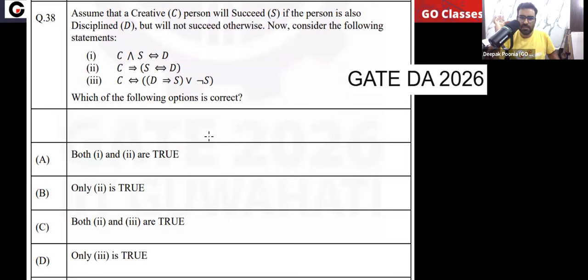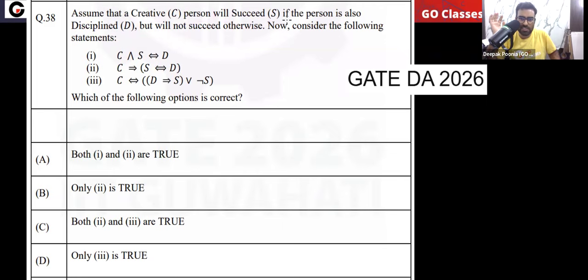Is this clear? Very important thing that you read this statement. This statement is making a claim for only creative people. This statement is not saying anything about the non creative people. The non creative people can do anything they want, they can be anything they want. But this statement is saying that a creative person, which type of person?